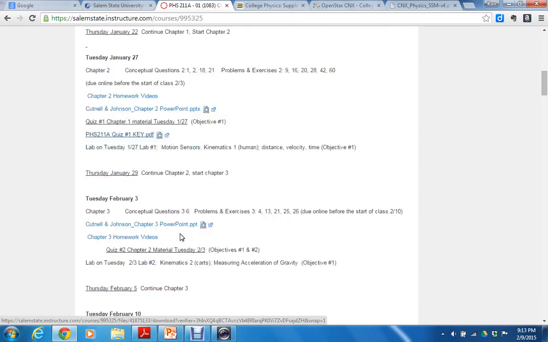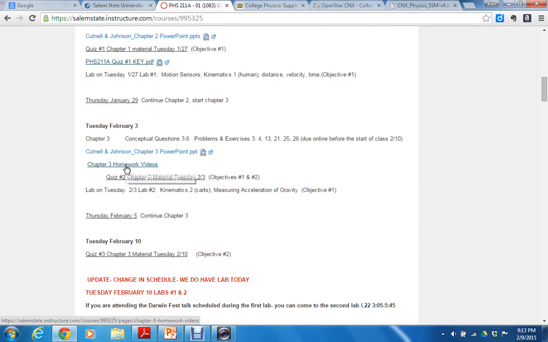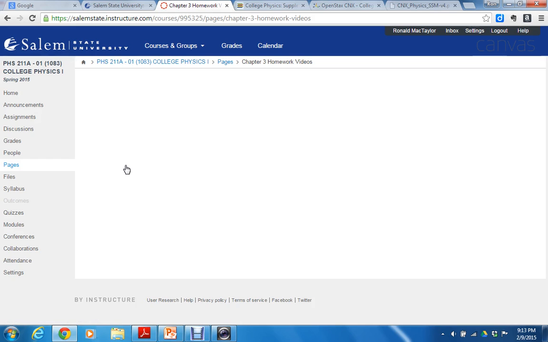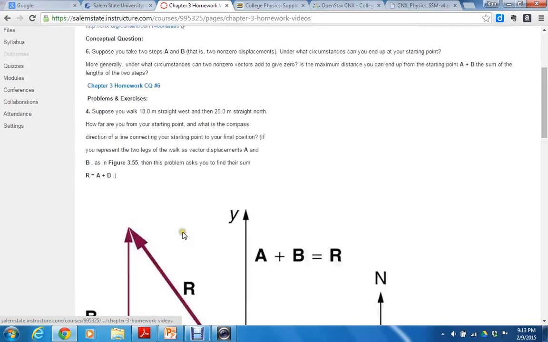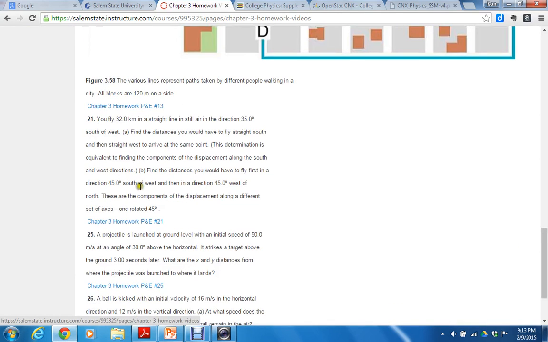Hopefully you're in a good place with the homework. So the homework problems are from the back of the textbook, and here are questions that are printed in the back of the textbook. You can read these questions if you're having problems with them. Man, I don't quite know how to figure this out.